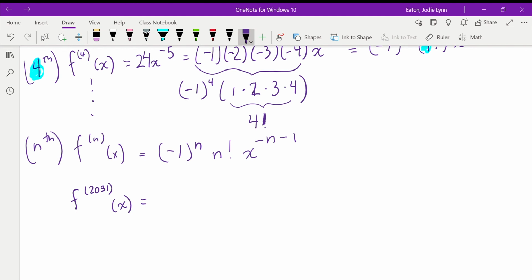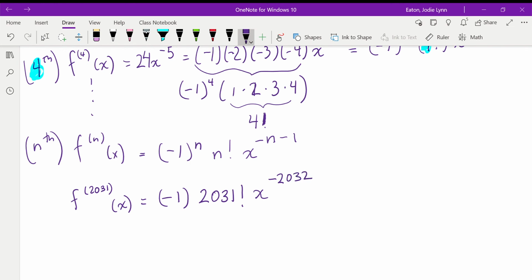If n is even, it would be positive 1. So in this case, it would be negative 1, times n factorial, so negative 1 times 2031 factorial. And then x is going to be to the negative 2031 minus 1, or x to the negative 2032.